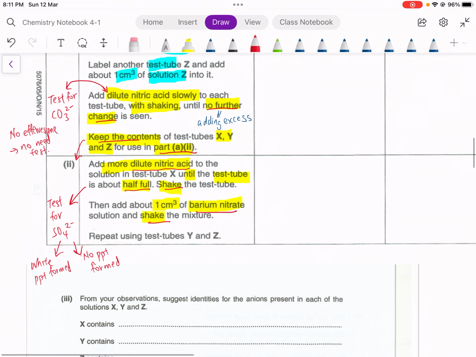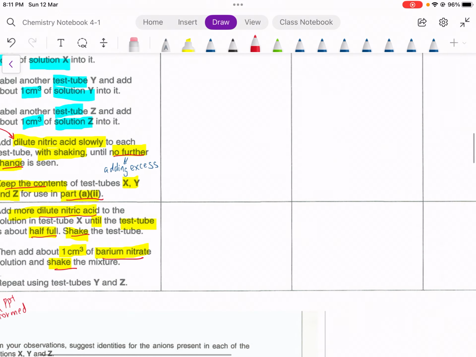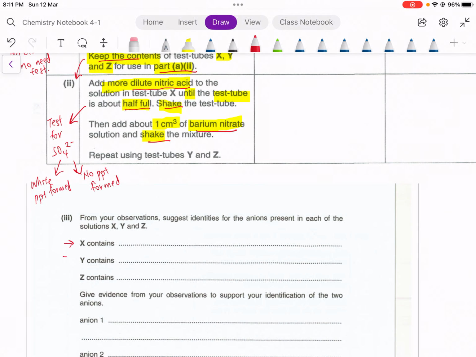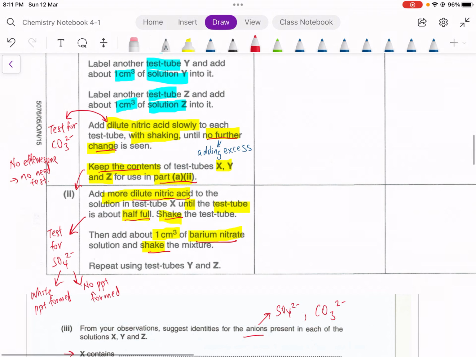So after you conduct this test for X, Y, and Z, you'll be able to deduce the anions found in X, Y, and Z. So you're looking at sulfate and carbonate, because this is what the test asks us to test for. You cannot test for other things because they never show the step for other things.